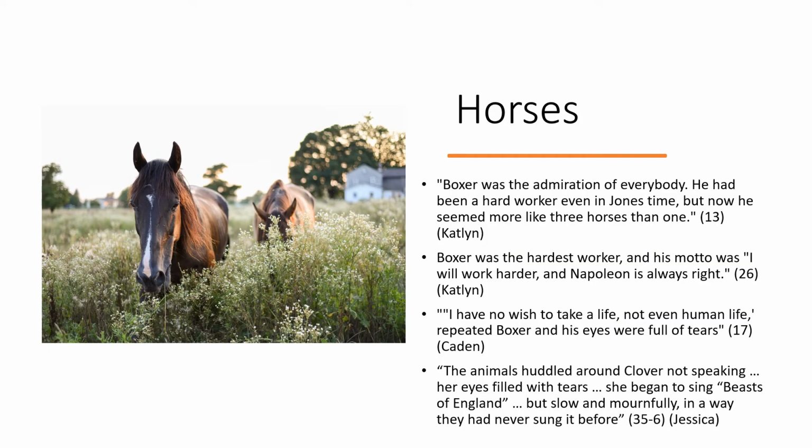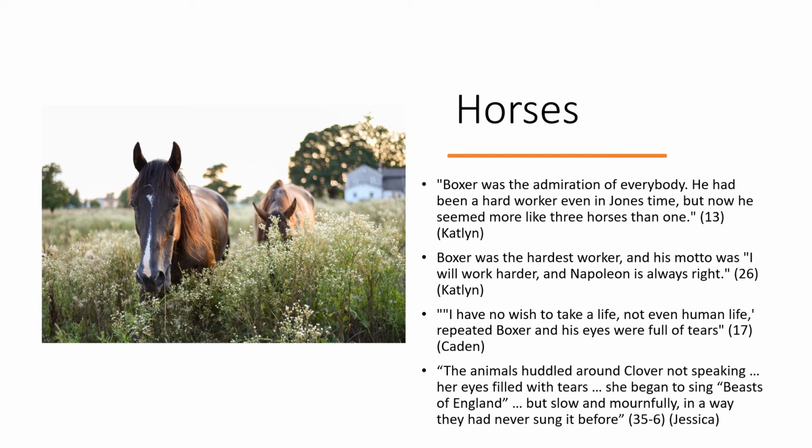The horses are probably one of my favorite characters. Well, two: there's Boxer and Clover. And of course, there's Molly, who doesn't stay very long. Caitlin gave us this example that he was the admiration of everyone, the hardest worker, and there are his mottos: "I will work harder," and "Napoleon is always right."